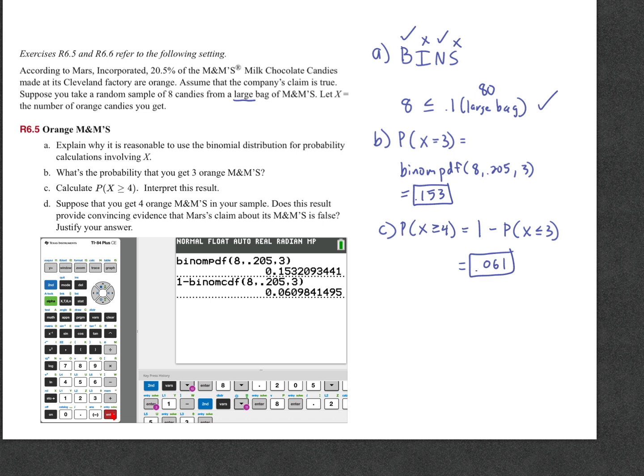So with the way we do it, this is our p-value. If this was less than 0.05, then we say that there is convincing evidence. But the question says, does the result provide convincing evidence? And so we'll say no, since our p-value 0.061 is greater than 0.05.